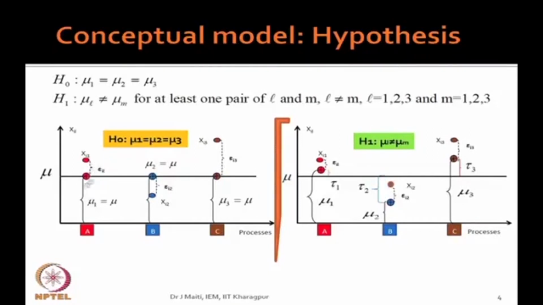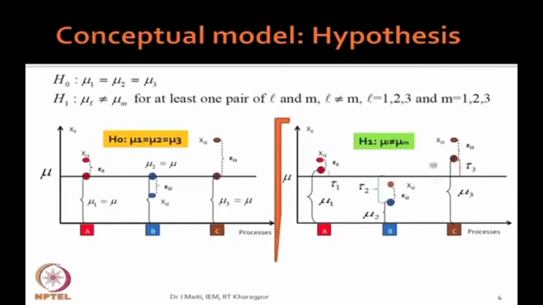Error in the sense, if you take any observation xi1 from the first process, and we consider that mu 1 equals mu, then the difference between the two, that is the observed value minus the mean value, is epsilon i1. Later on we will see this is basically the error quantity. Similarly for mu 2 also epsilon i2, and for mu 3, the process C case, you are getting epsilon i3. Now, come to the right hand side.